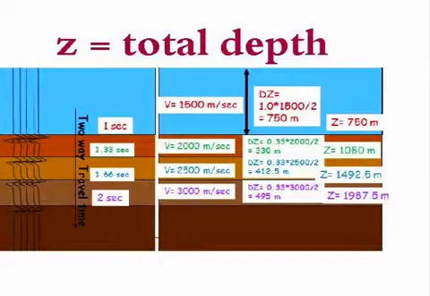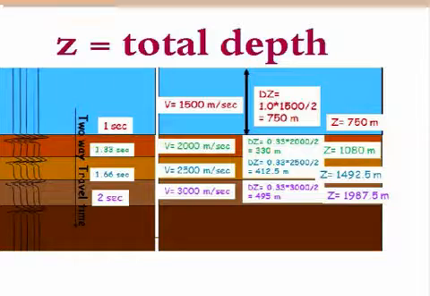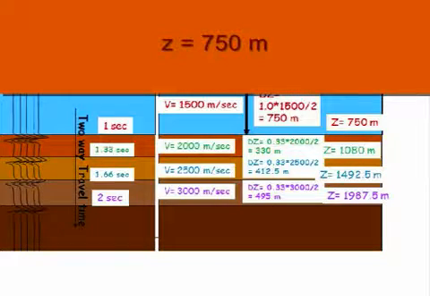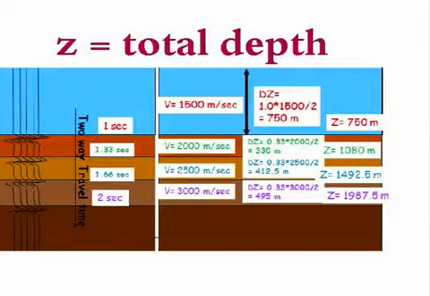V equals 1500 meters per second. dz equals 1.0 seconds times 1500 divided by 2 equals 750 meters. Z equals 750 meters. Second zone, V equals 2,000 meters per second. dz equals 0.33 seconds times 2,000 divided by 2 equals 330 meters.